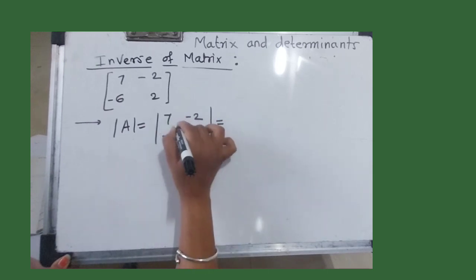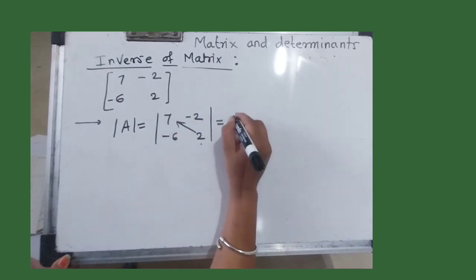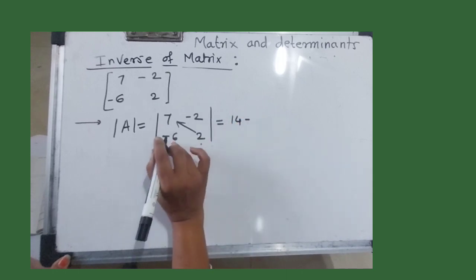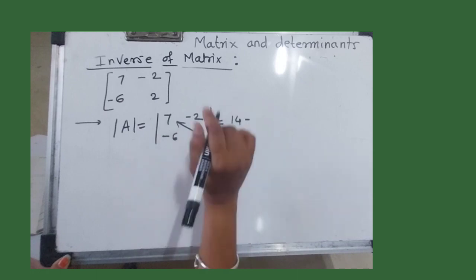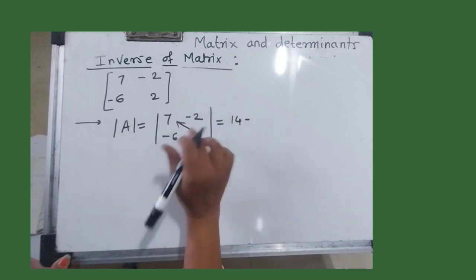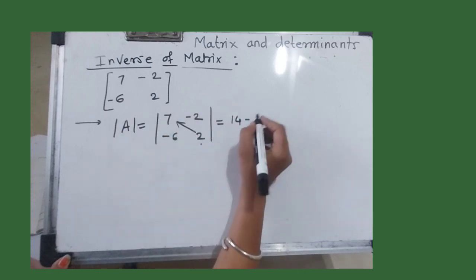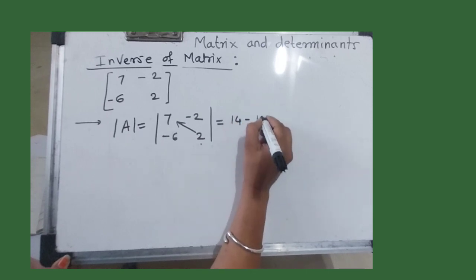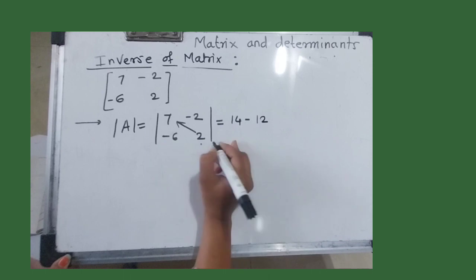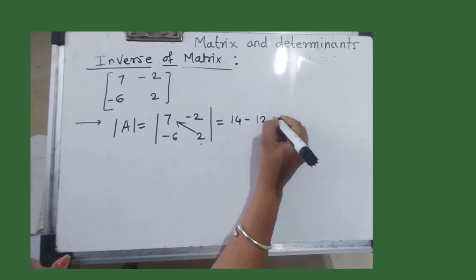Take cross multiplication. 7 2s are 14, minus, minus 6 into minus 2. It is plus 12, because minus becomes plus. Now 14 minus 12 is 2.